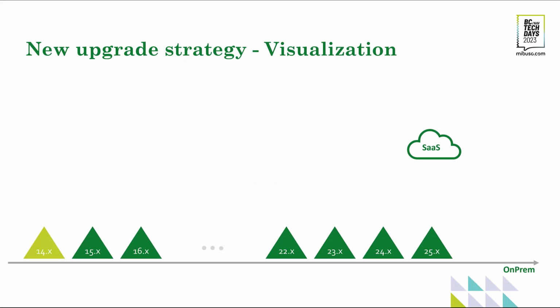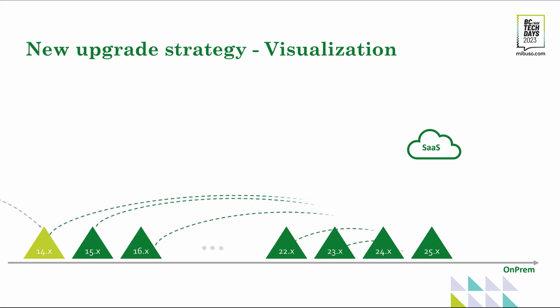To understand better how this new schedule is going to work, this is the visual representation of the changes that are going to happen. In a year and a half, the active version is going to be 25. And here, the things are going to be exactly the same as they are currently. You would still need to go to 14.